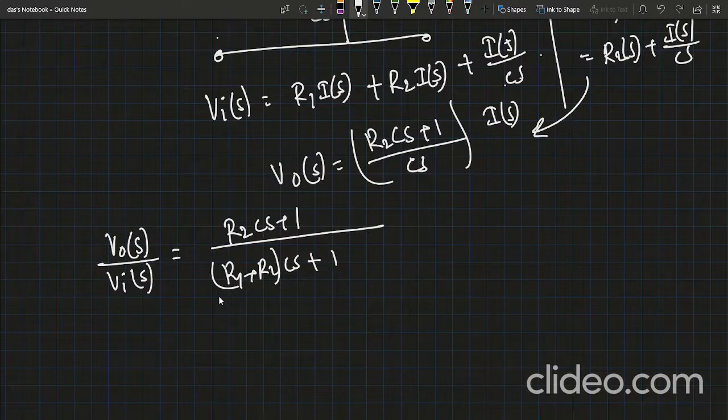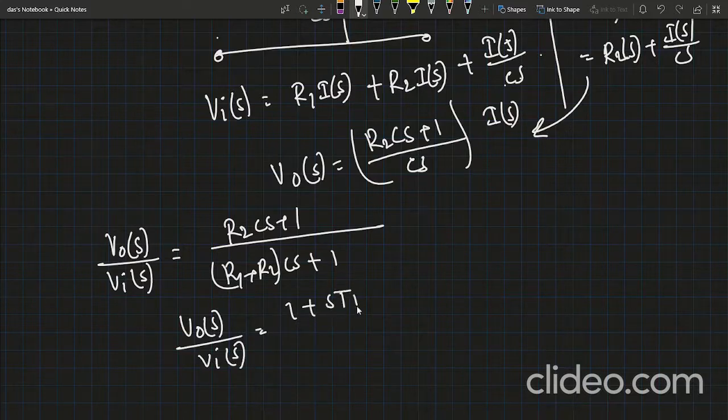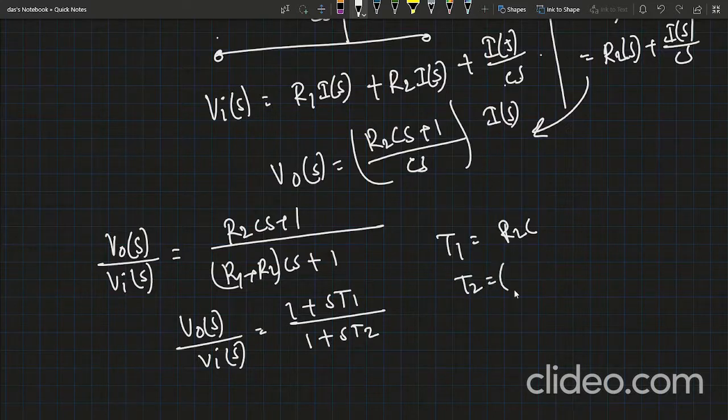Writing this expression again as (1 plus sT1) over (1 plus sT2), these two parameters T1 and T2 are very important, because T1 equals R2 into C, a time constant parameter, and T2 equals (R1 plus R2) into C.